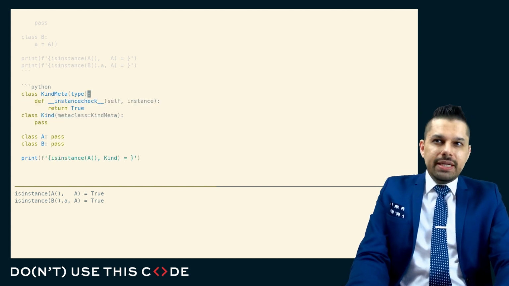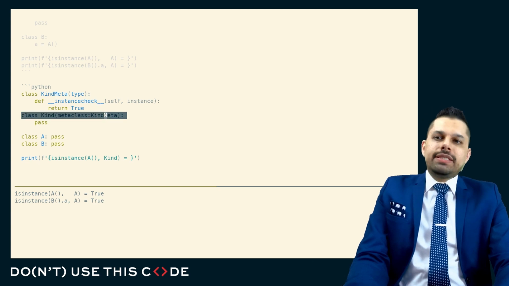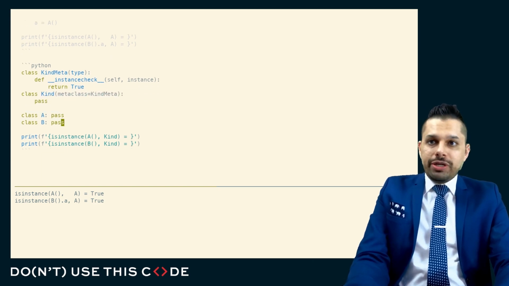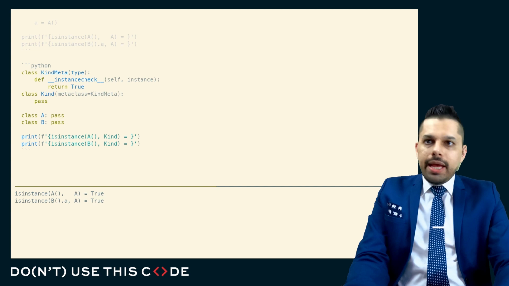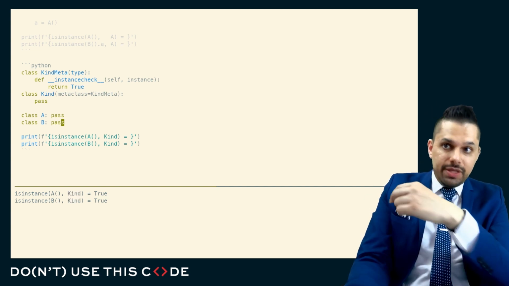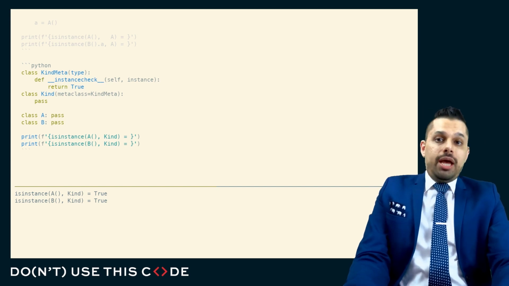And so here you can see a class with the metaclass that implements instance check. This metaclass says anything is considered to be an instance of this class kind. You can see A and B are not inheriting from kind whatsoever, but they are both indicated via this isInstance logic to be of type kind.